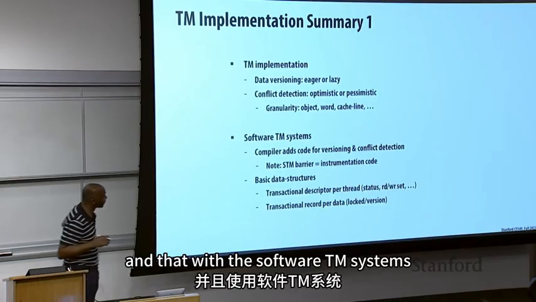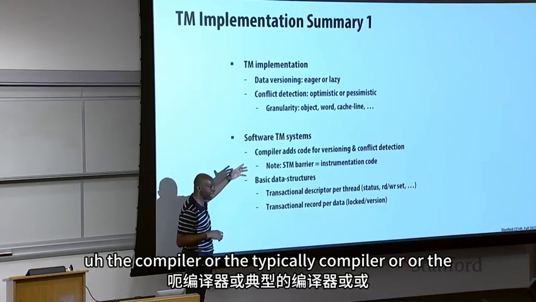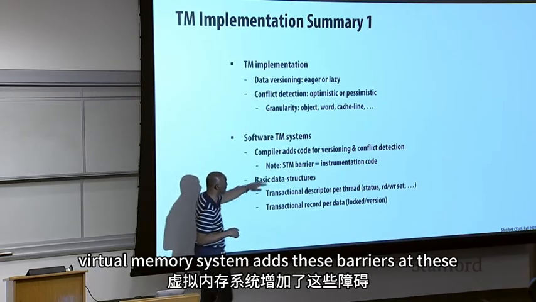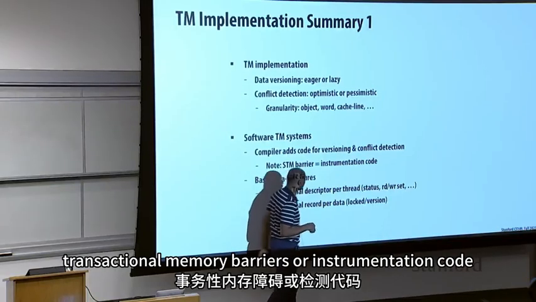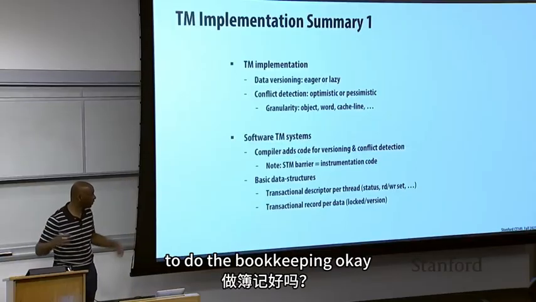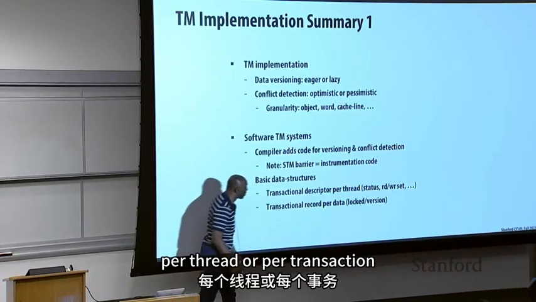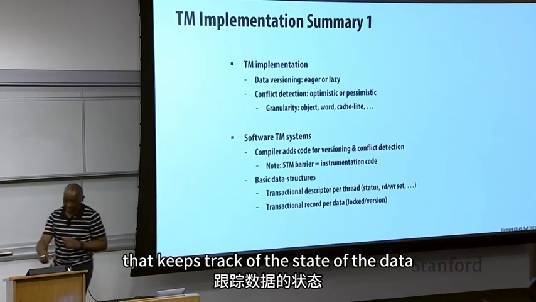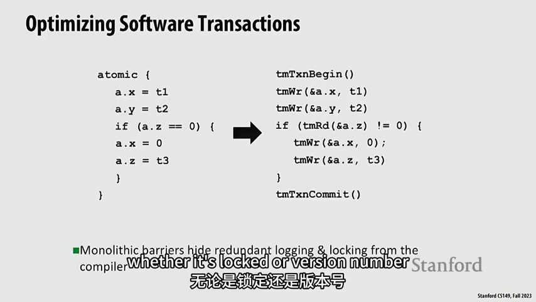And with the software TM systems, typically the compiler or the virtual memory system adds these software transactional memory barriers or instrumentation code to call into the transactional memory system to do the bookkeeping, okay? And the basic data structures are the transaction descriptor per thread or per transaction, and transactional records per data that keeps track of the state of the data, whether it's locked or its version number.